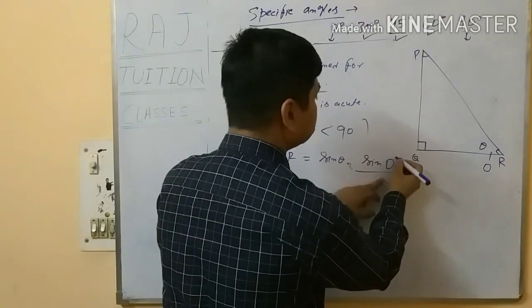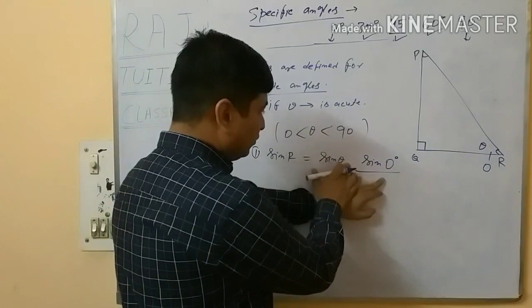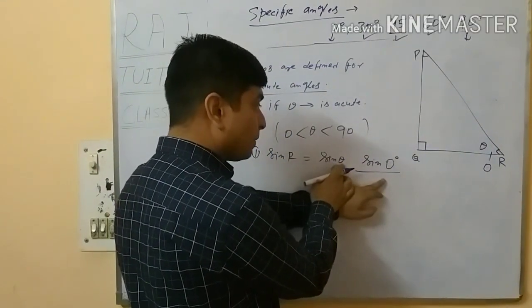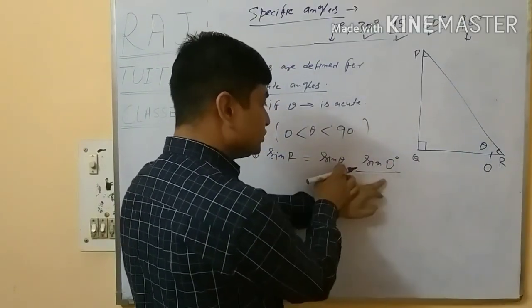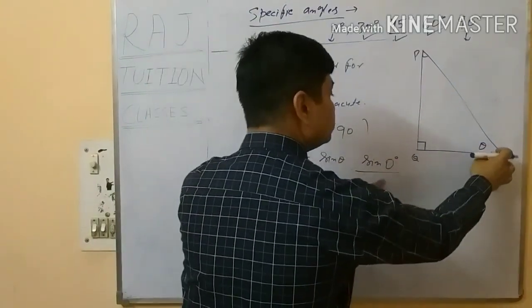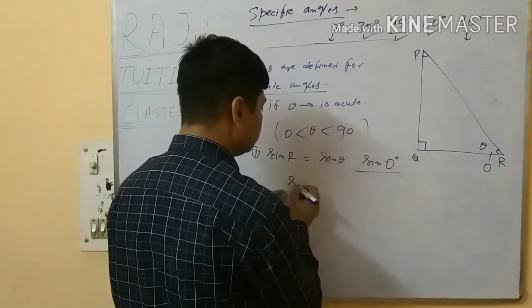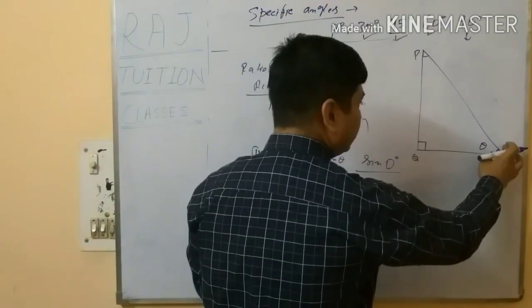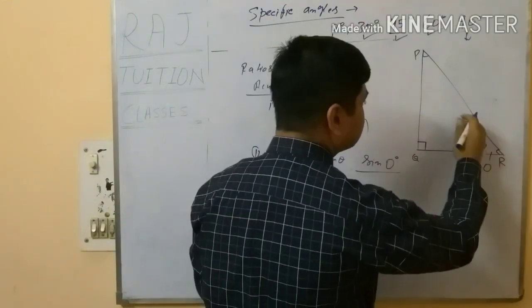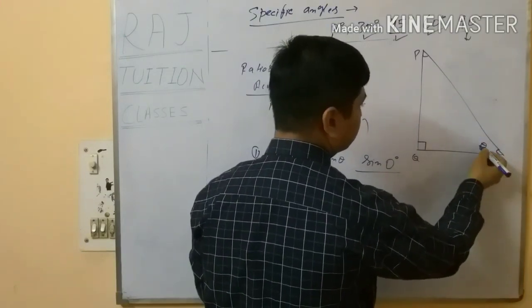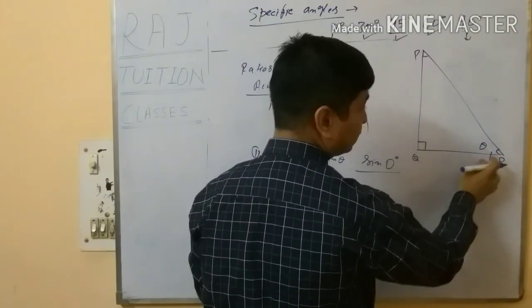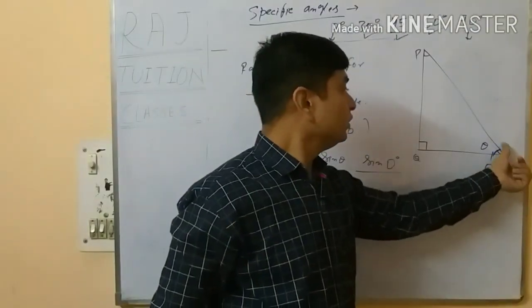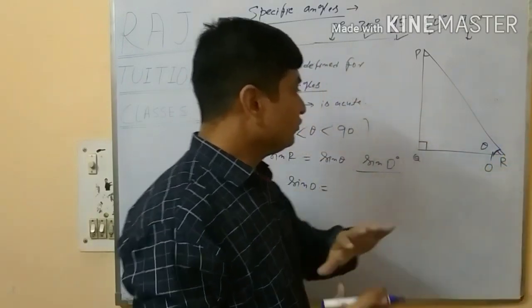I want to find out sin 0 degree. So when will I get sin 0 degree? When theta becomes 0. We will get sin 0 only when theta becomes 0. Theta has to be made 0. So let's make theta 0. Sin 0 equals, so theta becomes 0. Now how will theta become 0? Let's see. Right now it has some value, it is not 0. Yes, this is not 0, it has some value, approximately 30 degree or whatsoever it is.